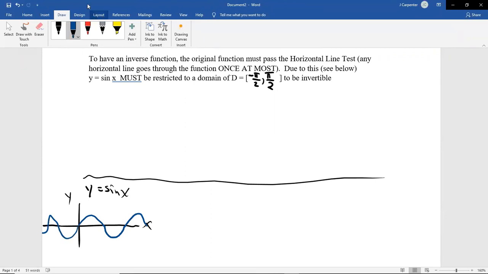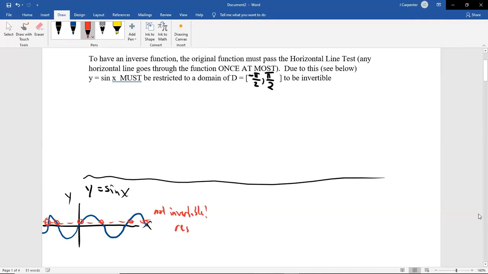So this graph right here, if I drew a horizontal line way up here, it's fine. That doesn't even touch it at all. But if you draw it anywhere in this window, look at how many times: 1, 2, 3, 4, 5, 6, and that's only what I've illustrated. This thing goes on forever to the right, so this wave crosses that horizontal line infinitely many times. This is not invertible.